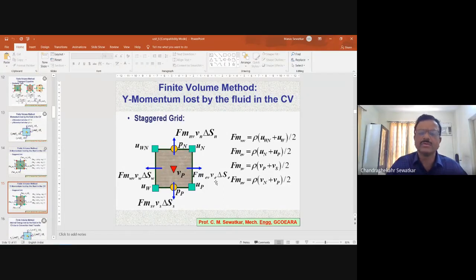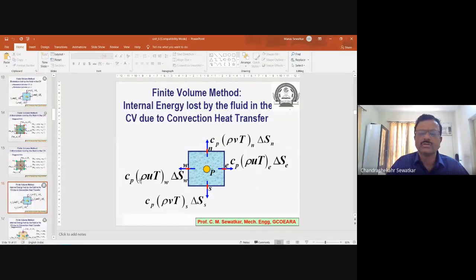The same thing we did for the y momentum loss also through all the phases, and we wrote all the equations for the mass fluxes. Do remember the mass fluxes are required to be derived by carrying out interpolations. However, the convected variable is to be calculated using convection schemes.